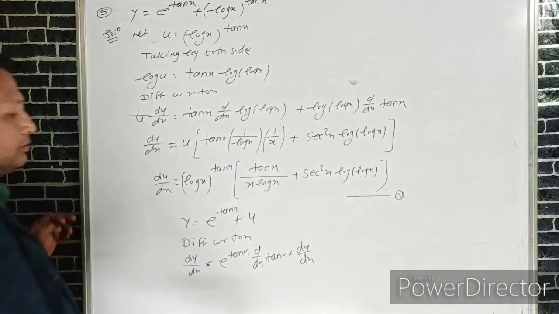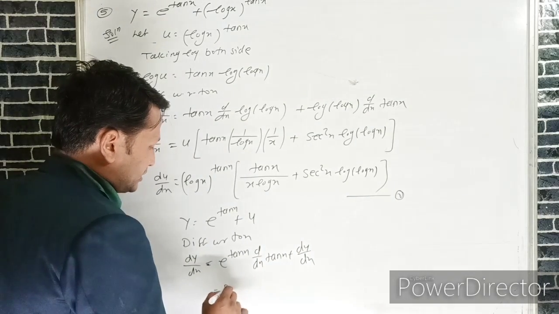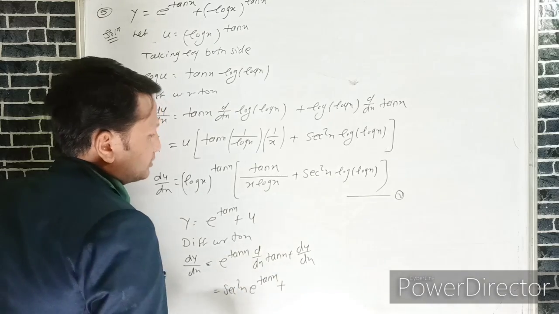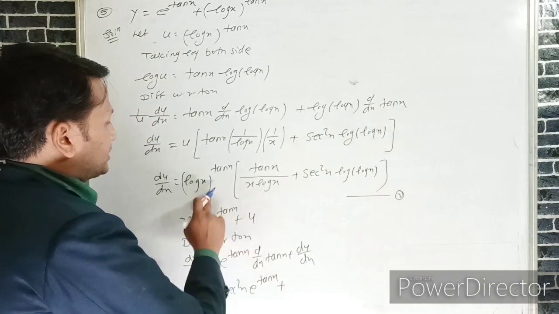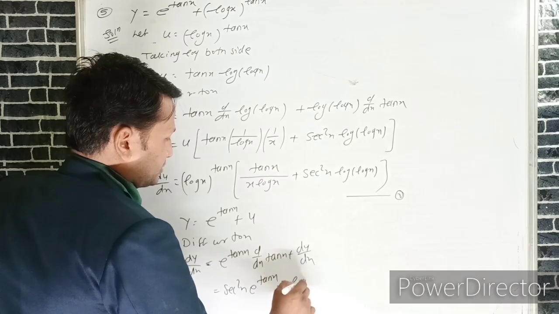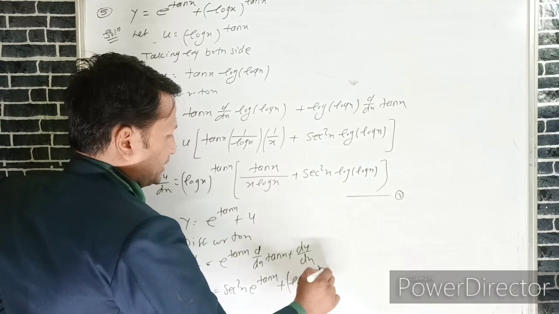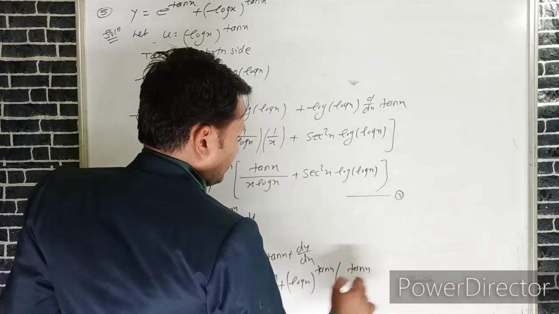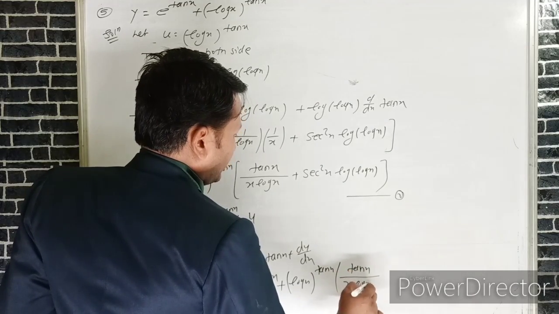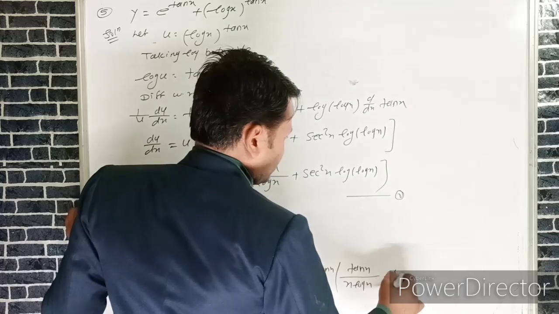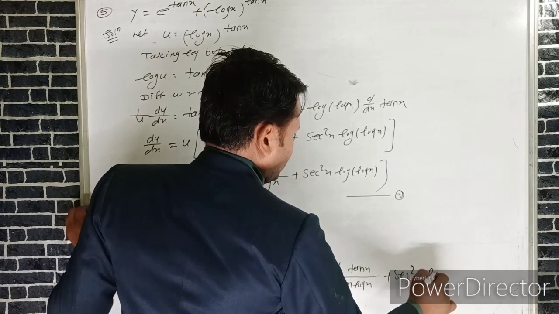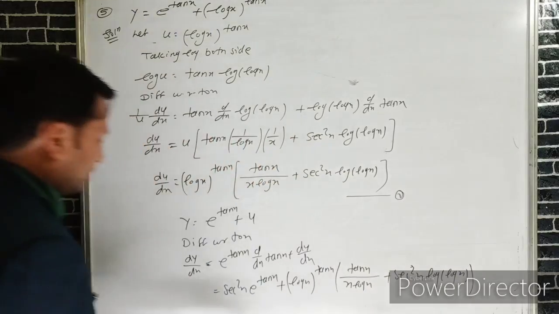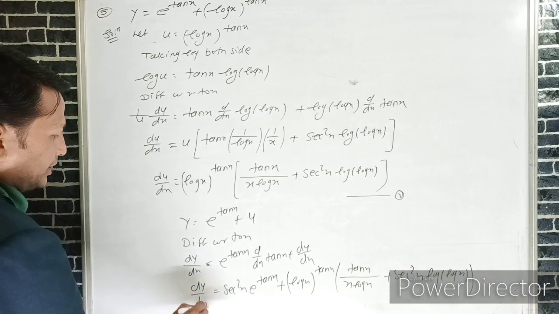We know that the derivative of tan x is sec square x, hence we can write sec square x into e to the power tan x plus du upon dx, which is (log x) raised to the power tan x into tan x upon x log x plus sec square x into log of log x, which is the required derivative dy upon dx.